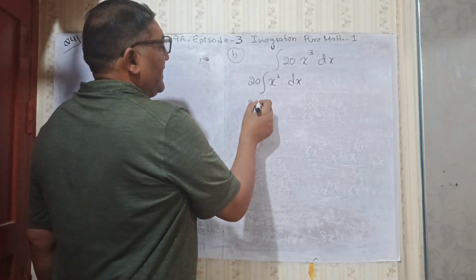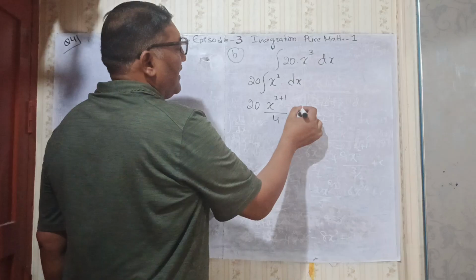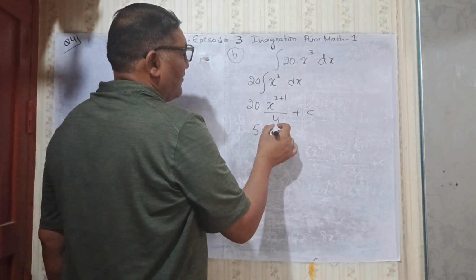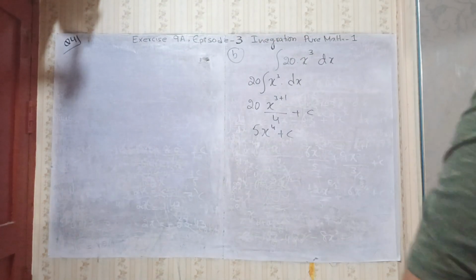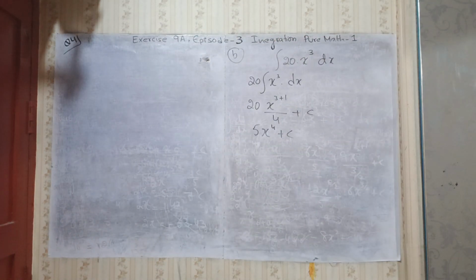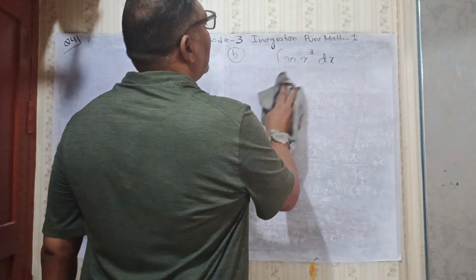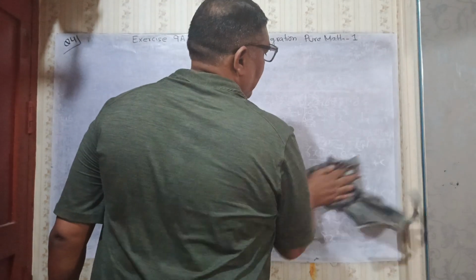When you integrate x cubed, its power is increased by 1, and you divide by the same number, plus c. So 20 divided by 4 is 5, and x raised to power 4 plus c. The answer is 5x raised to power 4 plus c. The answer is correct. I hope you understand how to do question 4, part B.